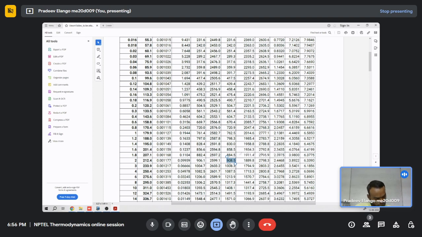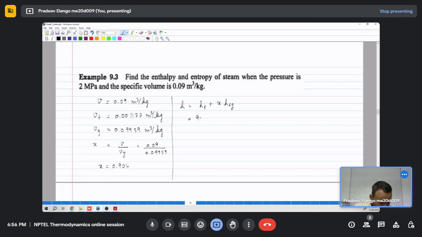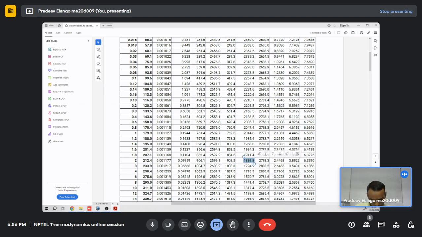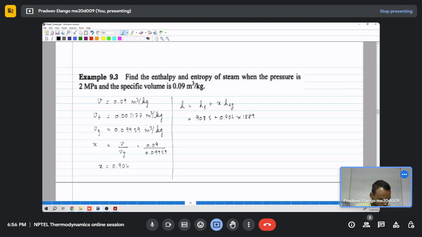Enthalpy F is 908.5 plus 0.904 into enthalpy Fg, that is 1889.8. So this is 2616.88 kilojoule per kg.